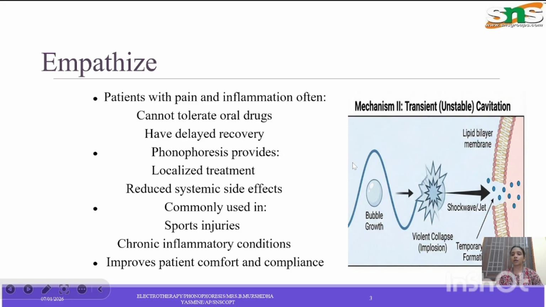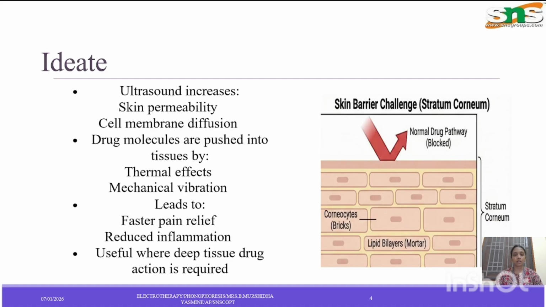In this picture, you can see the waves transmitting inside, the molecules traveling throughout the membrane, and the drug molecules getting inside the cells. Ultrasound increases the skin permeability and cell membrane diffusion.